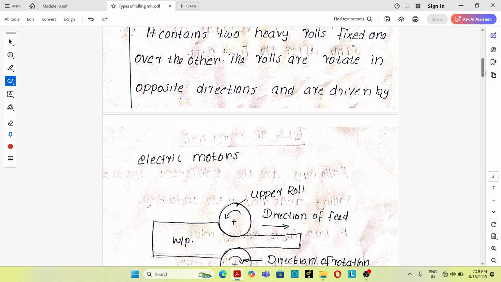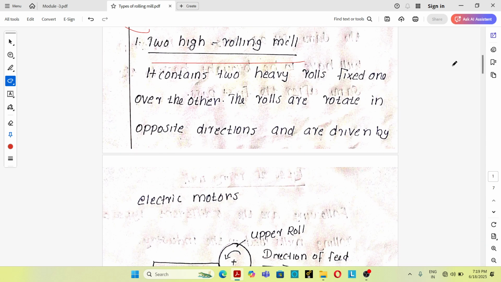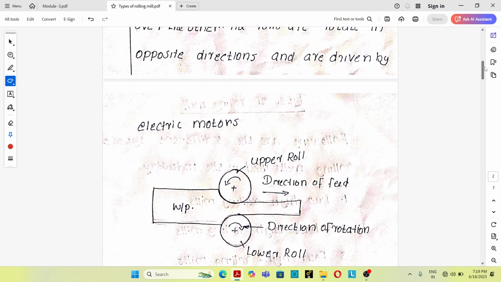First one, 2 high rolling mill. This is the figure of a 2 high rolling mill. It is the basic type of rolling mill. A 2 high rolling mill contains 2 heavy rollers fixed one over the other, and these 2 rollers rotate in opposite directions by electric motors.